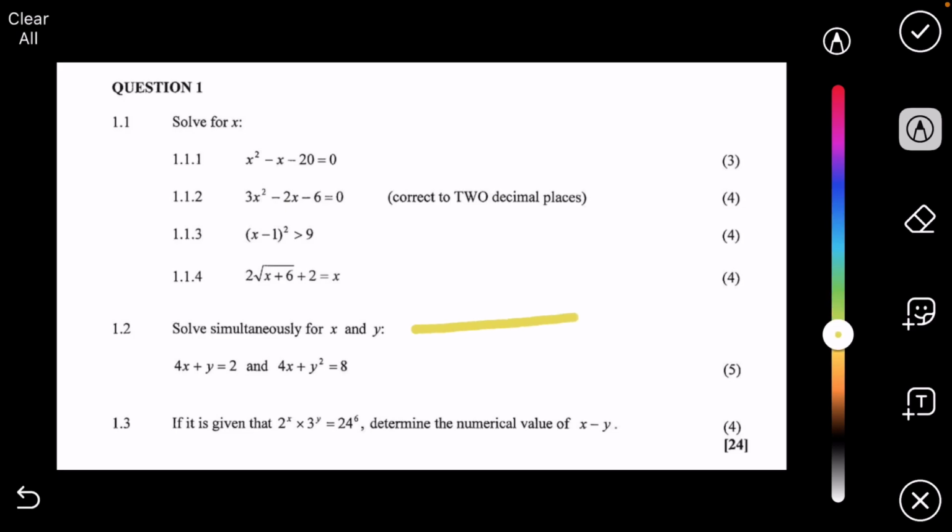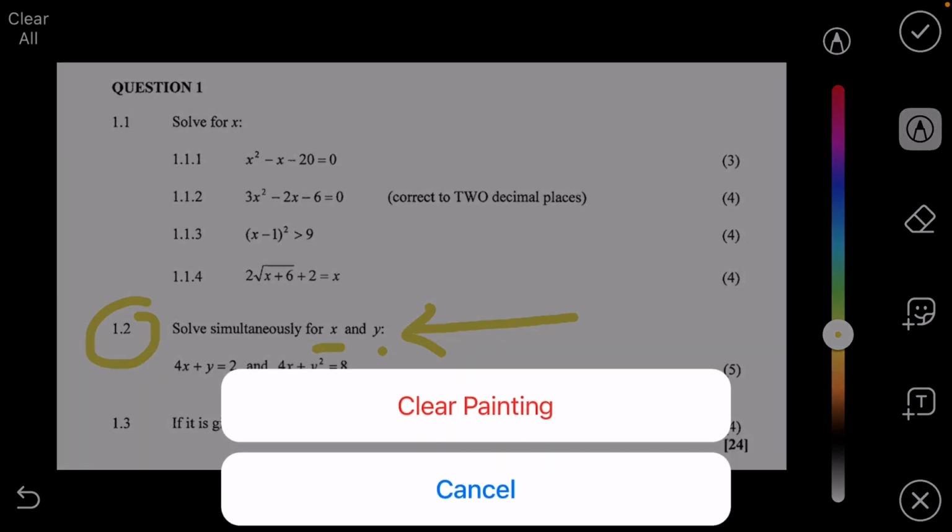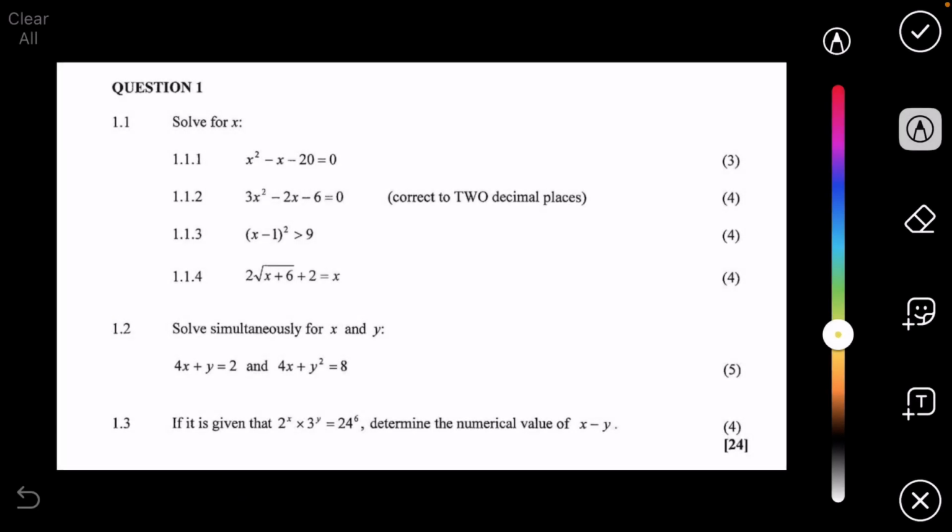Obviously, guys, you're still required to solve for x, but in this case you need to solve simultaneously for the values of x and y. Most importantly, guys, please do write 1.2. It's very important that you follow the numbering system used in the question paper.